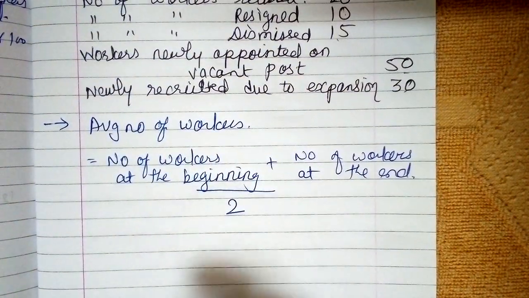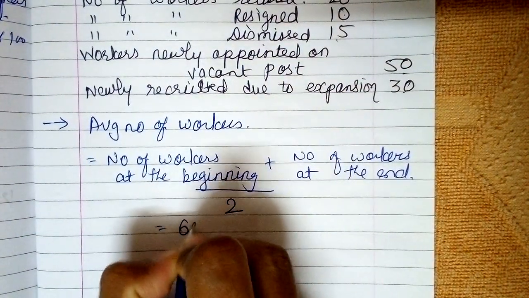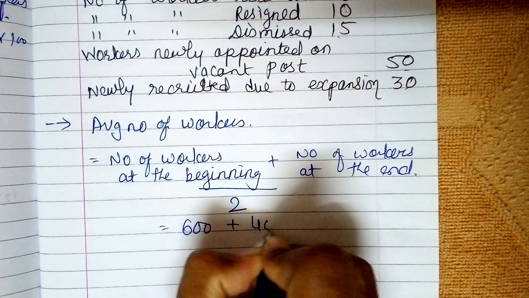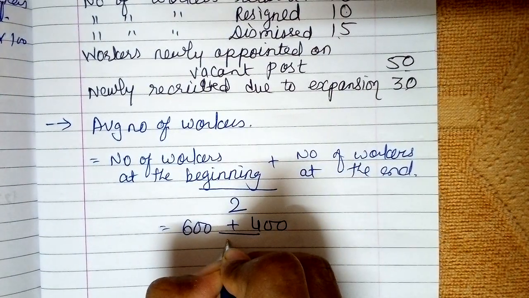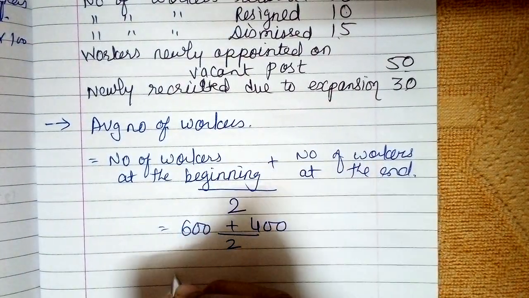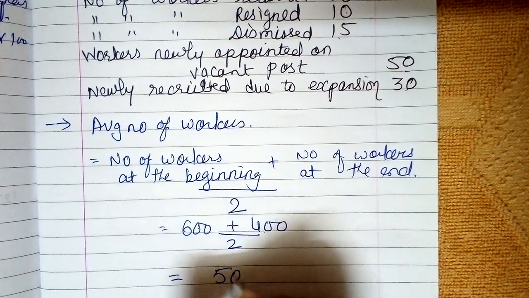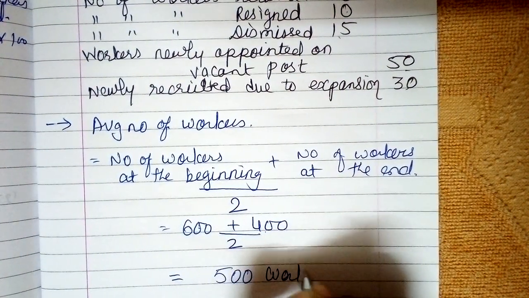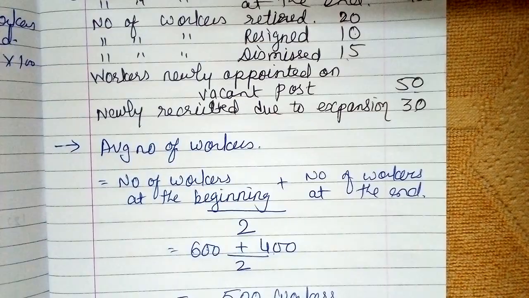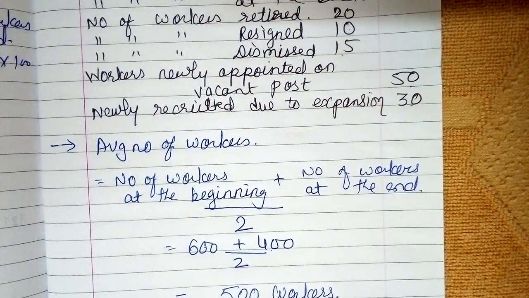So number of workers in the beginning was 600, number of workers at the end 400, divided by 2. So average number of workers will be 500 workers. Simple interpretation of the same.